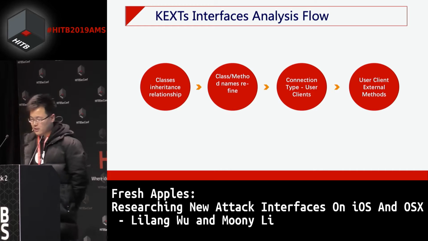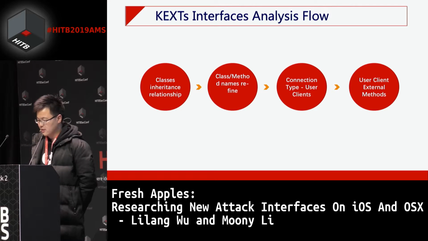Thirdly, we will automatically analyze the user clients in each extension and their connection types. Finally, we all know that there are many external methods for each user client, so we will locate them and parse the related content.